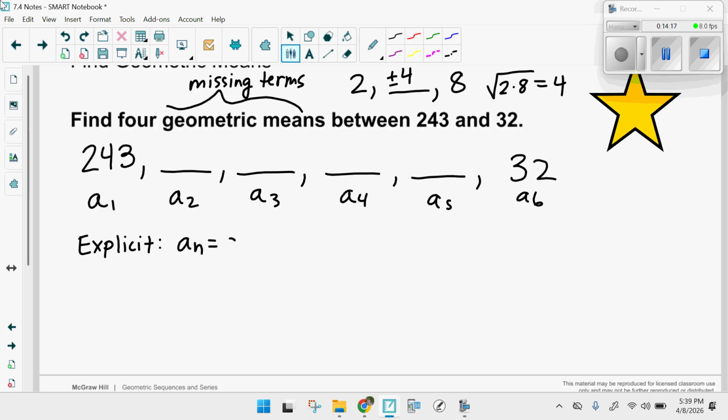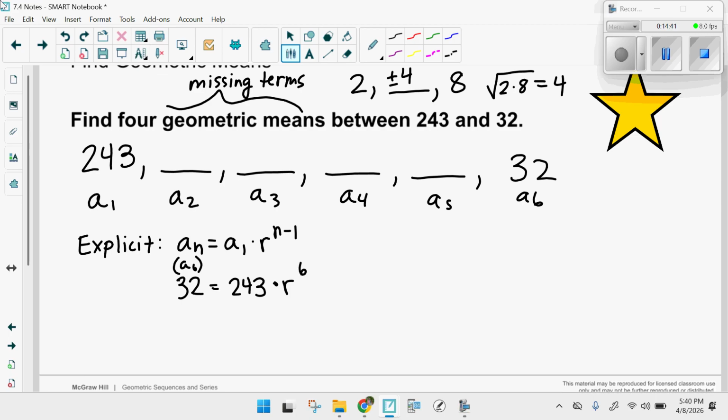The explicit form is a sub n equals a sub 1 times r to the n minus 1. I do know this a sub 1 is 243. The second thing that I know is that the sixth term is 32, so this 32 is representing the a sub 6.